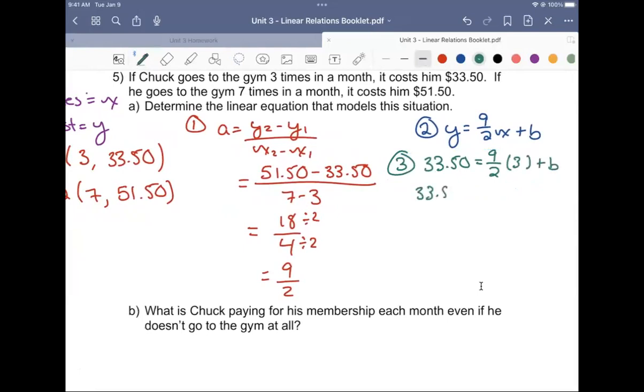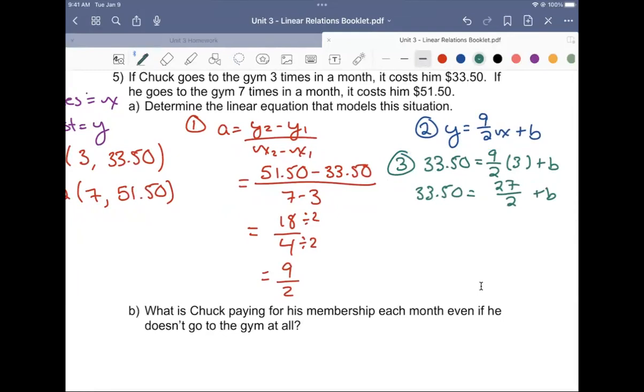So 33.50 is equal to 9 times 3 is 27 over 2 plus b.